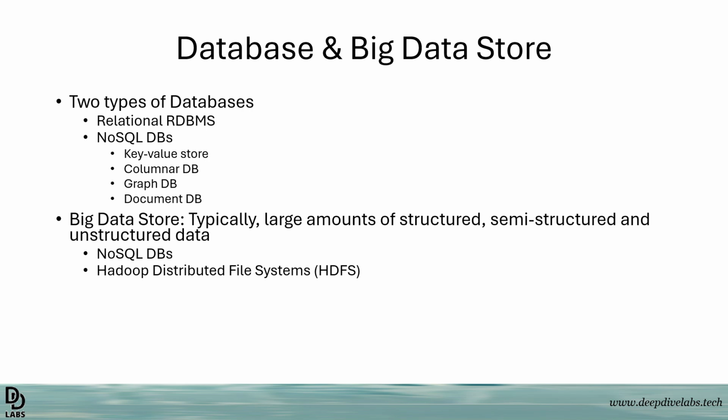One is you can use a NoSQL database as a big data store, because they are usually scalable, right? And they are also distributed. So you can use your columnar database or your document DB as your big data store, because they can store structured, semi-structured, and unstructured data.